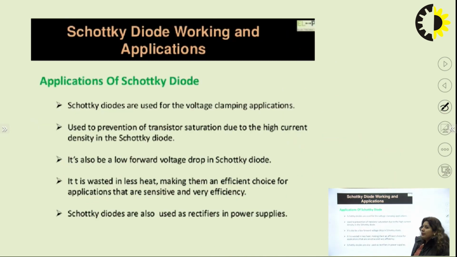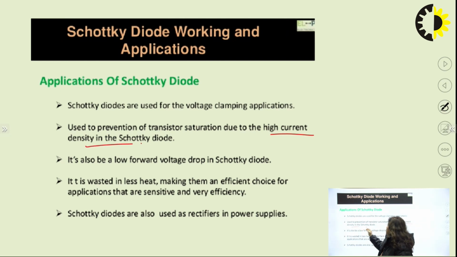So now what are the applications of the Schottky diode? Schottky diodes are used for voltage clamping applications basically, and for prevention of transistor saturation, which is due to the high current density in the Schottky diode. So here the current density is very high. It also has a low forward voltage drop.